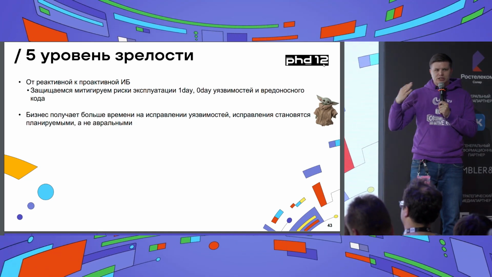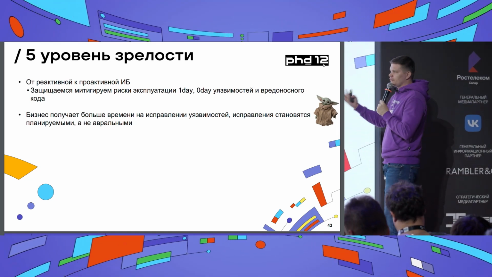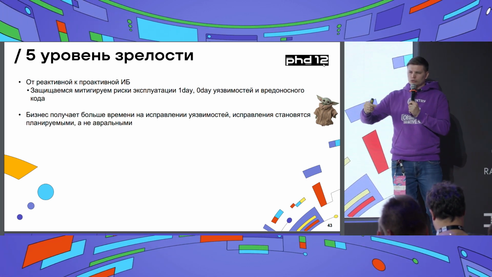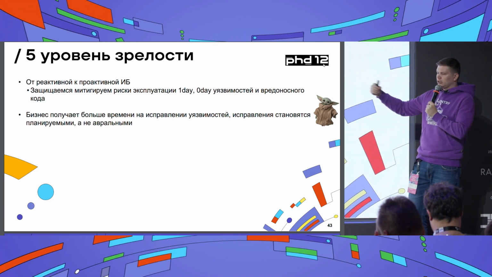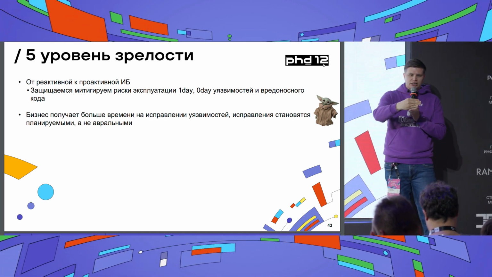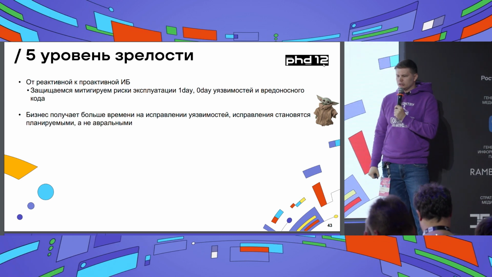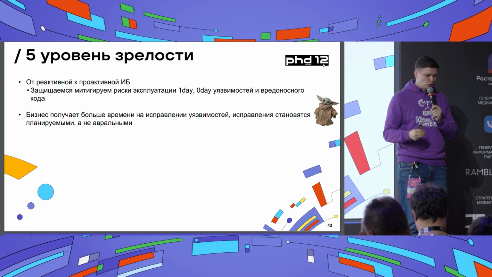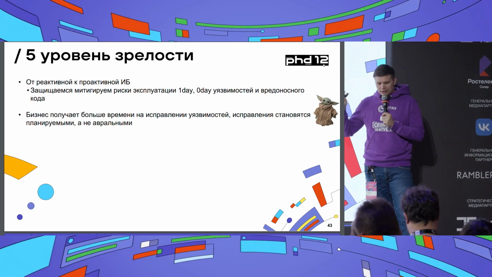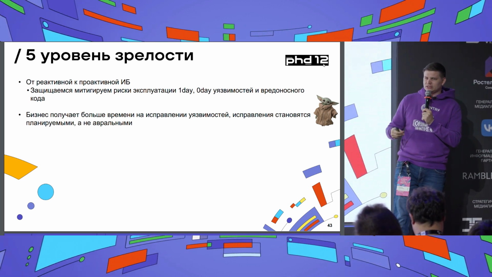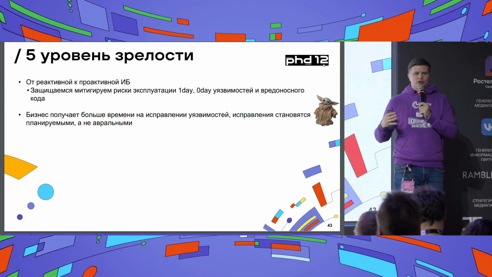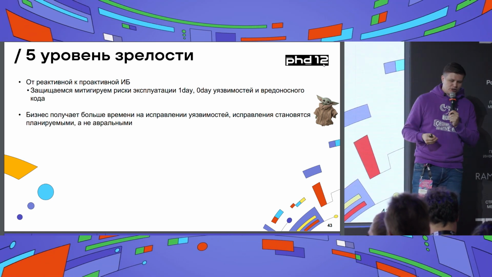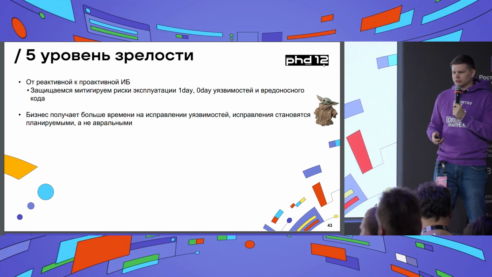The business gets a lot of useful things. We say that there is no business risk, but take it, include it in your pipeline. In the modern world, when we have a lot of vulnerabilities, we have to switch from reactive to proactive security.